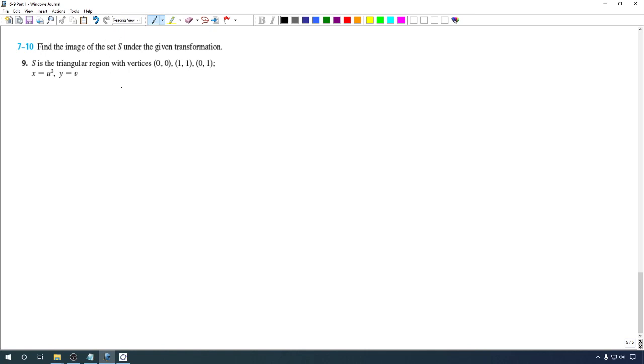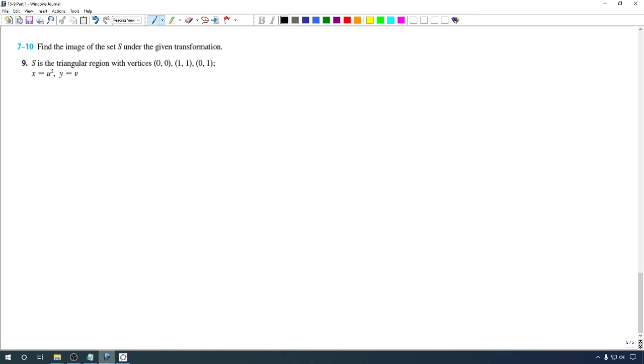They're using S for the uv plane, so these are coordinates in the uv plane. Normally we'd want to be a little bit more specific to make sure that we know what we're talking about. They're kind of relying on us remembering what letters they're using for which one.